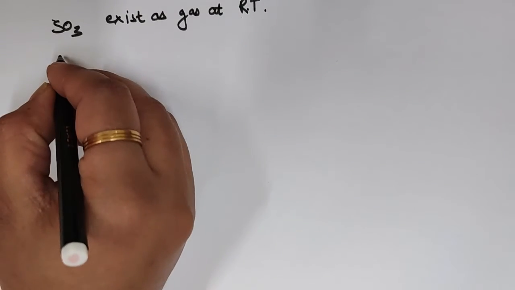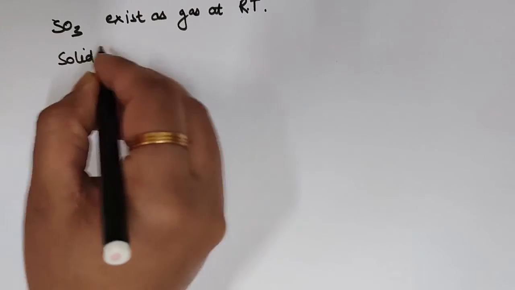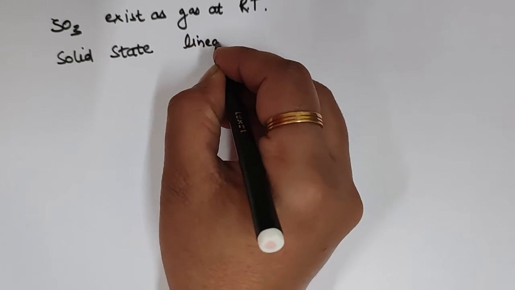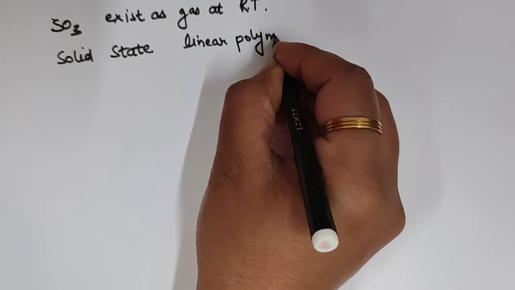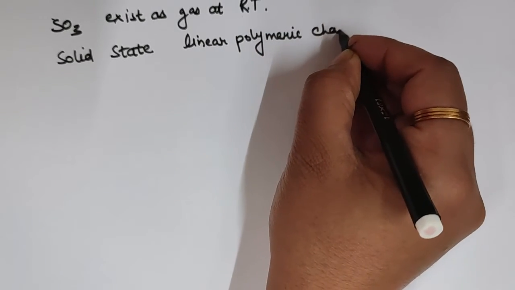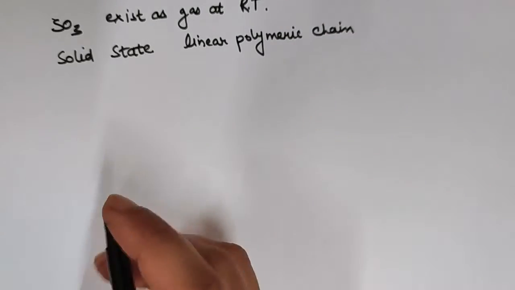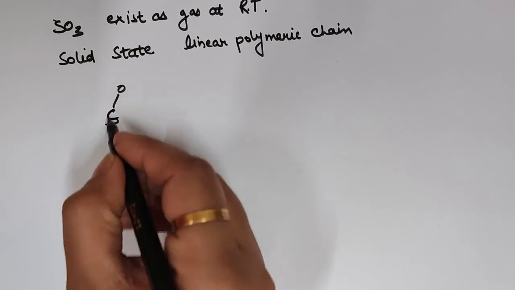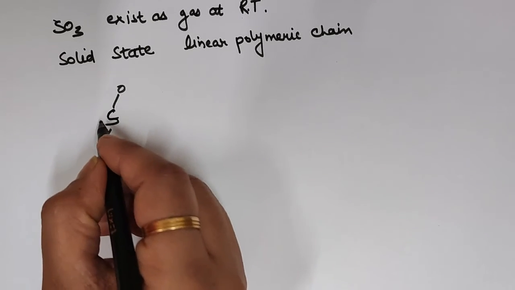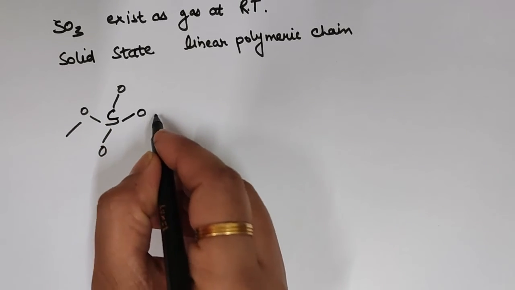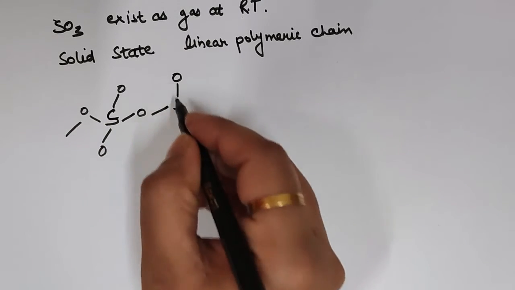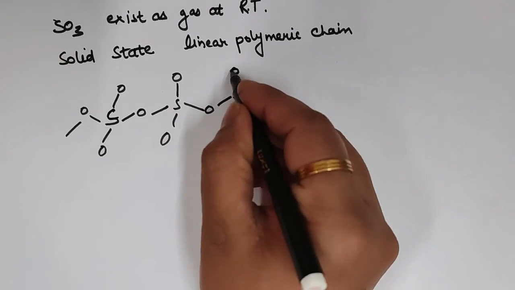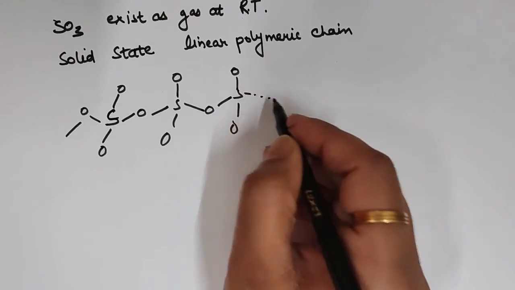However, if we look at the solid state, it has a linear polymeric chain. Here we have such a type of structure, sulfur here, in this way oxygen, then sulfur, 2 oxygen atoms in this way, again oxygen, sulfur, oxygen, and in this way.